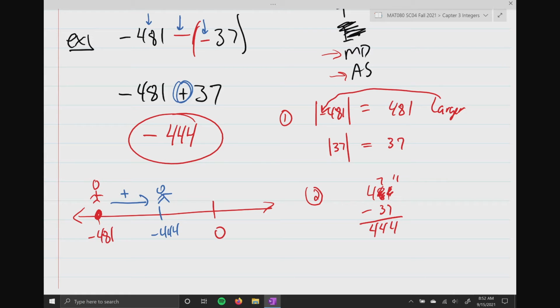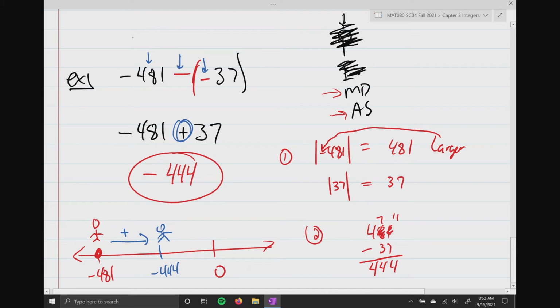Okay? And I understand, like, this was so perfectly clear until you explained it like this. So if the negative sign means to go the opposite way, you're going to go the opposite way like 3 times, because there's 3? No. This just tells me where I'm starting. So I'm starting to the left of 0 at number 481. Right. Now, that means opposite, and that means opposite.